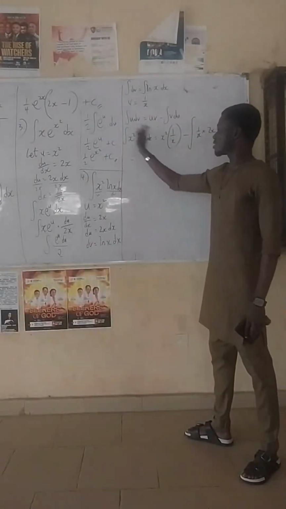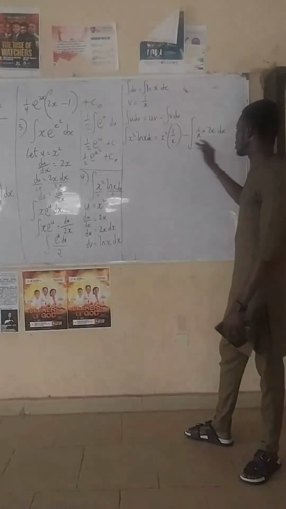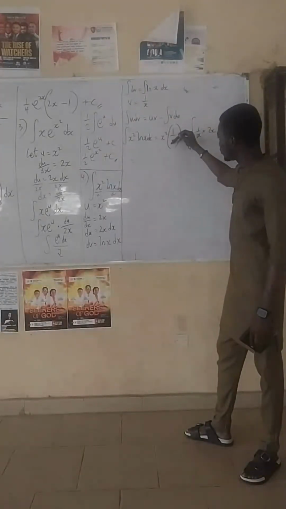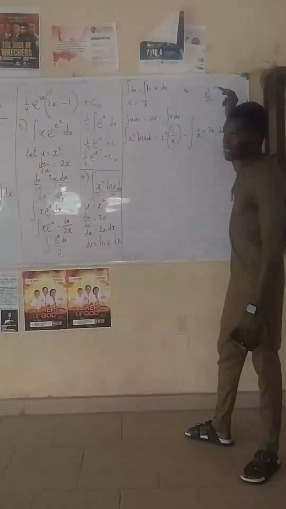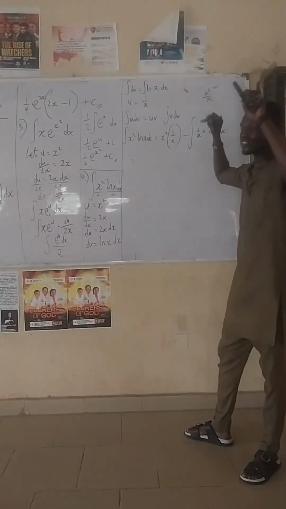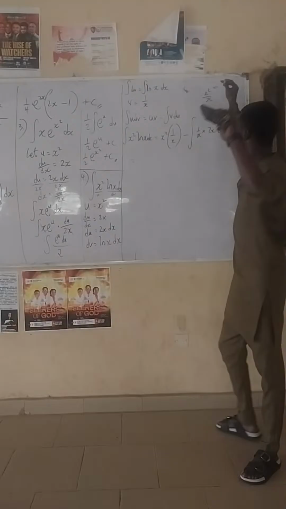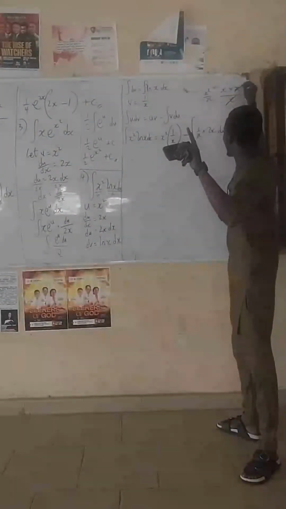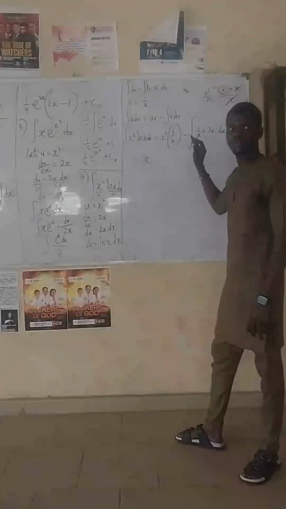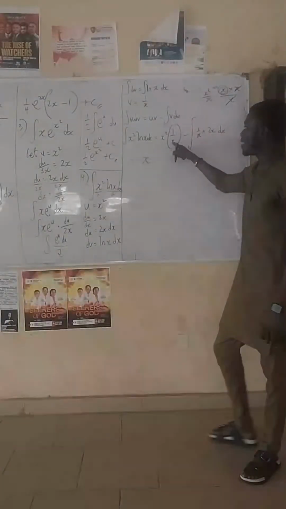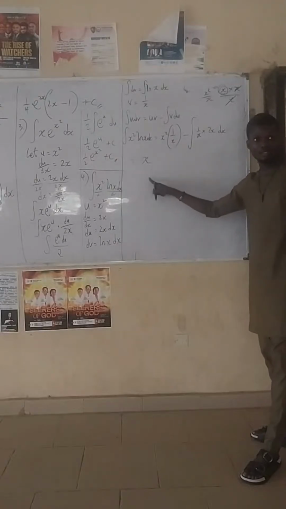Now, the left hand side is what we are doing. Now, one of these x cancels, we have x squared over x, right? We cancel one, we are left with 1. So x squared divided by x is x.